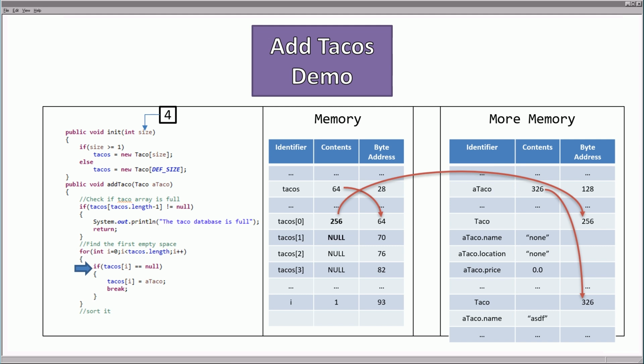Now, if tacos at index 1 is equal to null, and it is, so this is the first null element, assign that to the memory address. And the way you could think of this is it references that as well. We break, go outside the loop, which removes the integer i, and then outside the method, we lose that reference to aTaco, but the array still references the objects in memory.